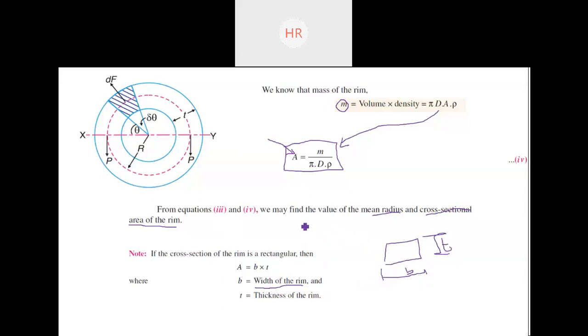So if you are given that the cross-sectional area of this flywheel is rectangular, then you have to consider this. So these are the equations that we will use in solving examples.